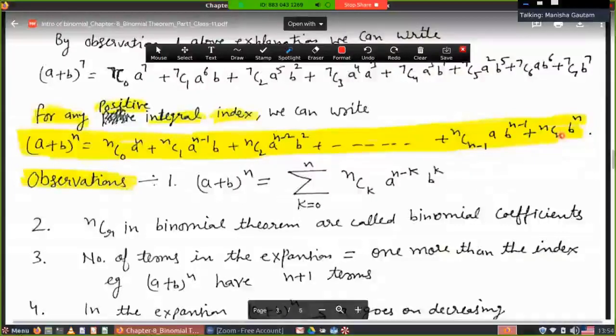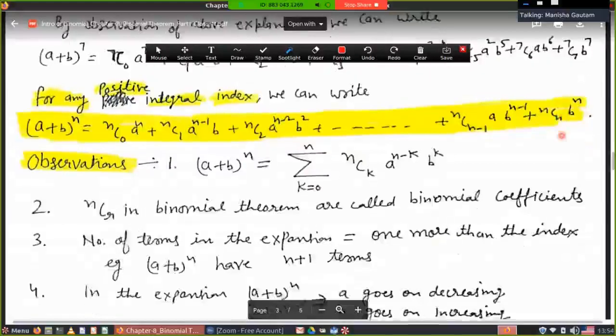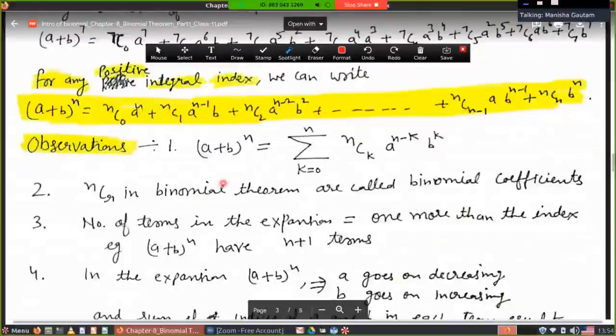Now, how to brief the concept regarding binomial expansion? Here are a few observations. The first observation is how to write this expansion in a summation form, in a compact form. (a + b)^n can be written with a summation sign, k equal to 0 to n, nCk a^(n-k) b^k.